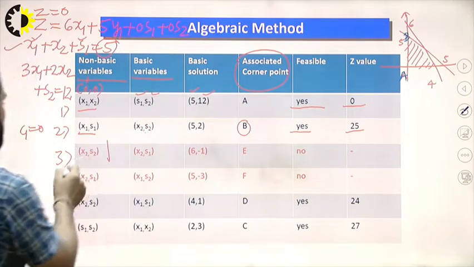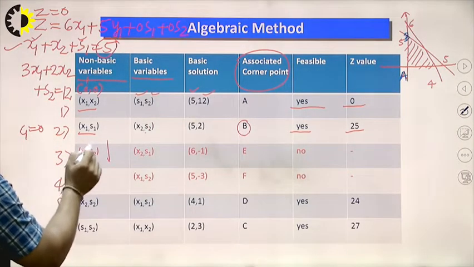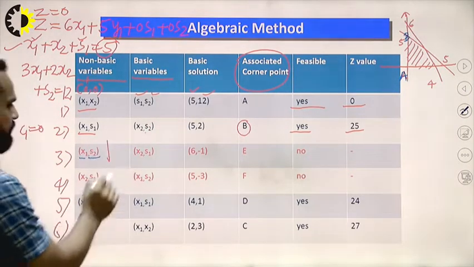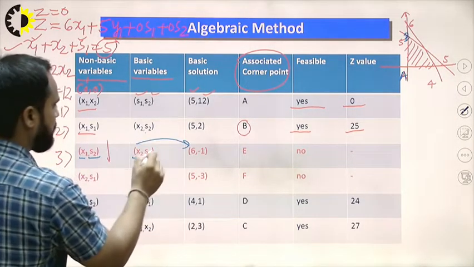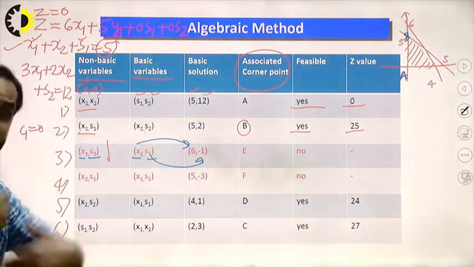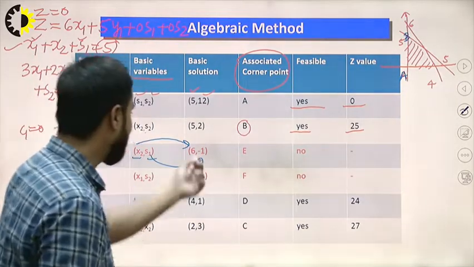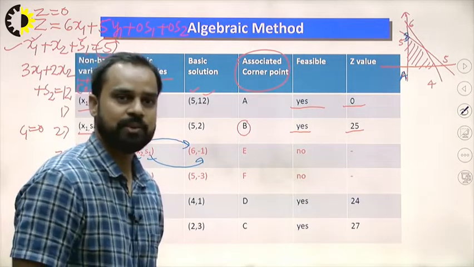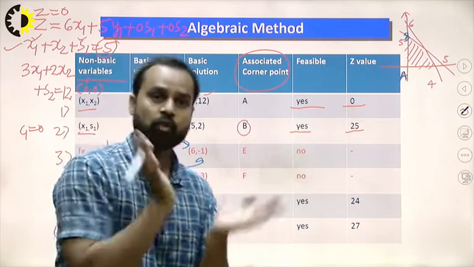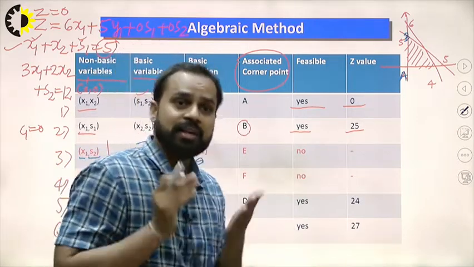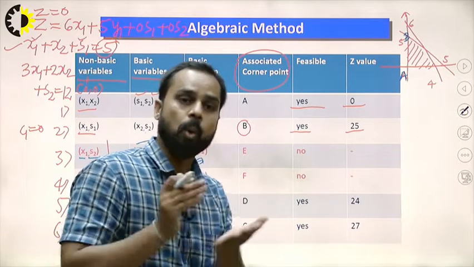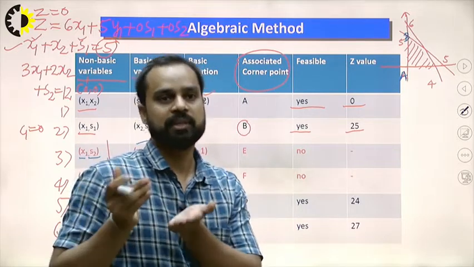In the third combination, we are putting x1 equal to 0 and s2 equal to 0, and we are getting x2 is 6 and s1 is minus 1. As soon as we get a negative basic solution, it violates the non-negativity restriction, because the non-negativity restriction says all variables must be greater than or equal to 0.